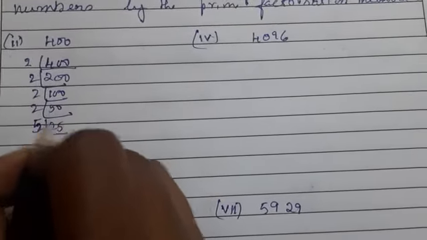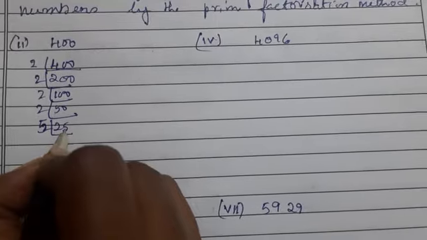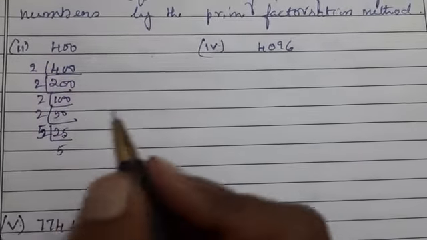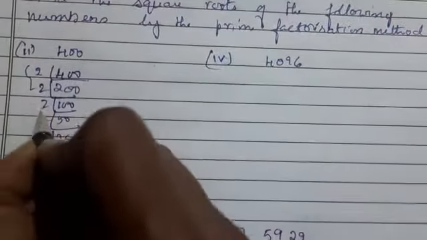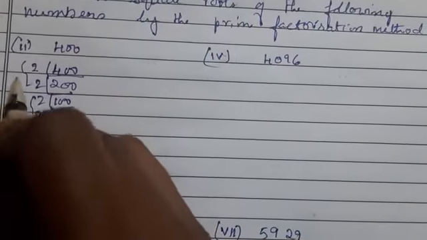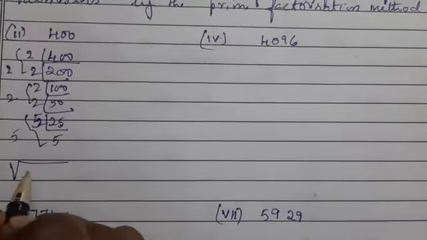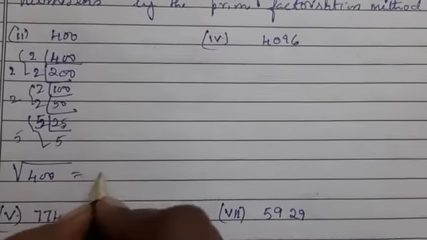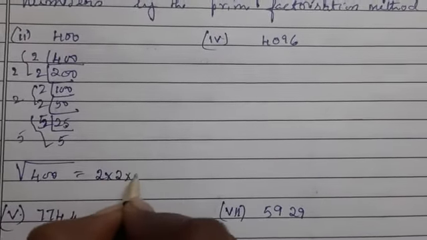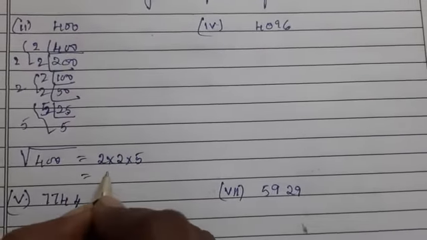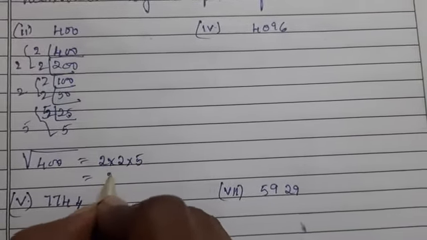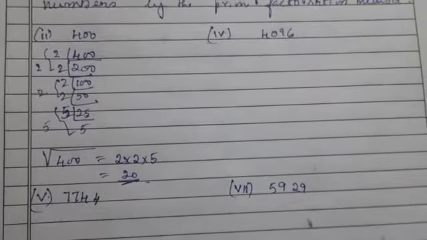So when you get 25, you take it with 5 only. 5 5s are 25. Then group 2 2s, take one each. Then you can write square root of 400 is equal to 2 into 2 into 5, which is 20. This will be the answer.